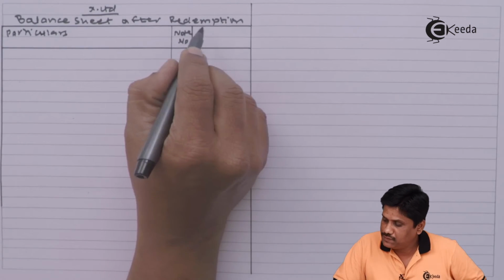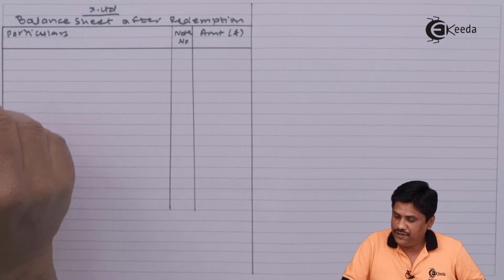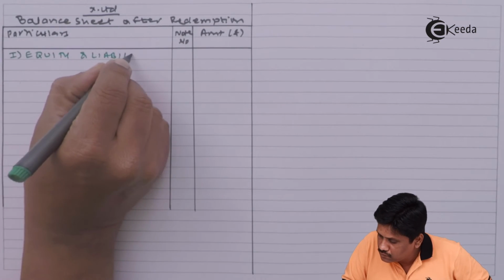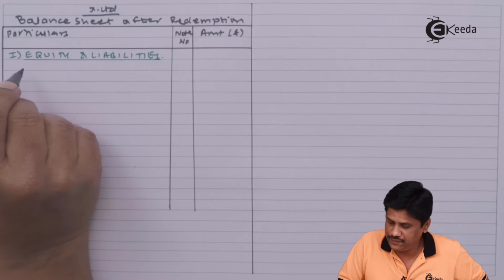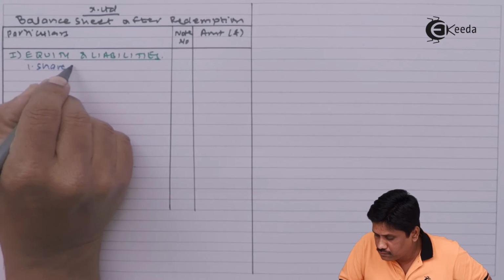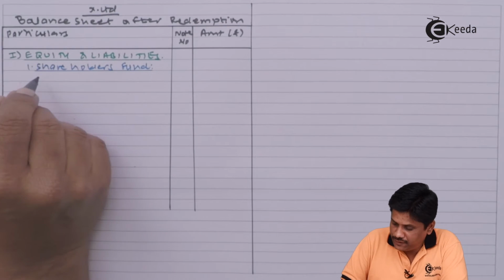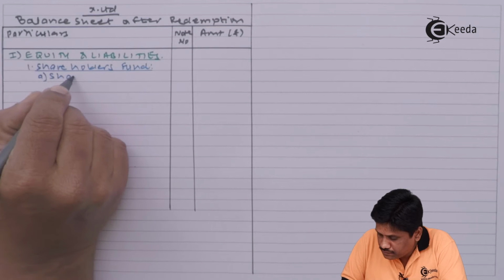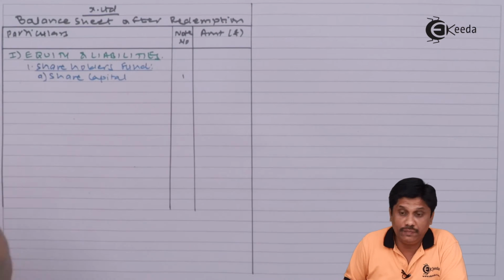Particulars, note number. First part, as we know, equity and liabilities. First heading in equity and liabilities, shareholders' funds. Under shareholders' funds, A, share capital. Note number 1 we will prepare for that.